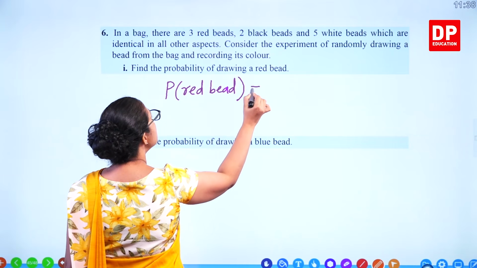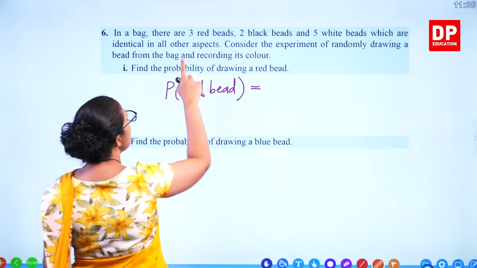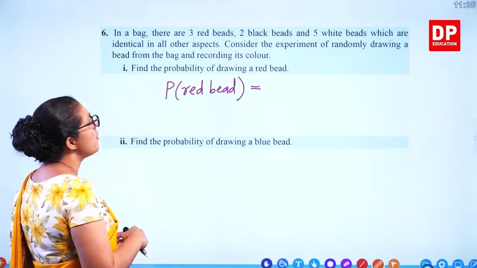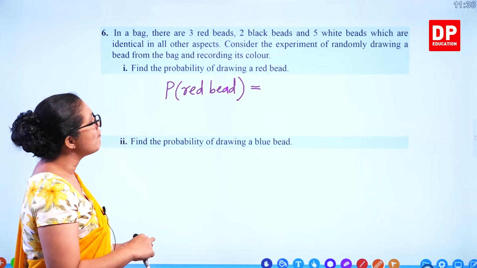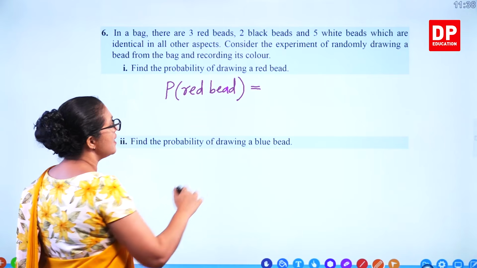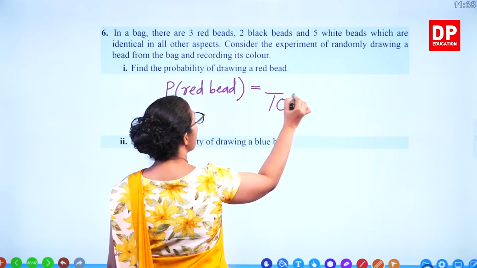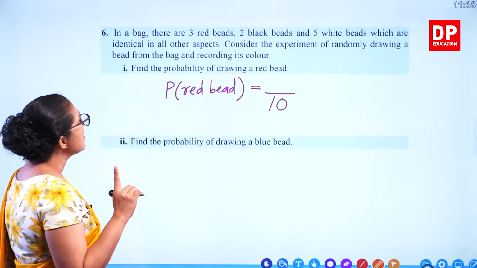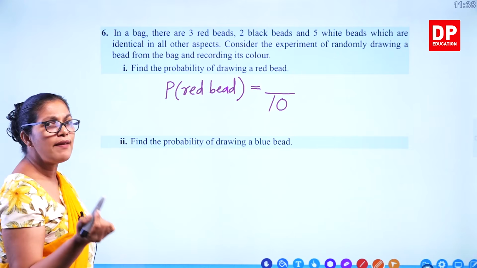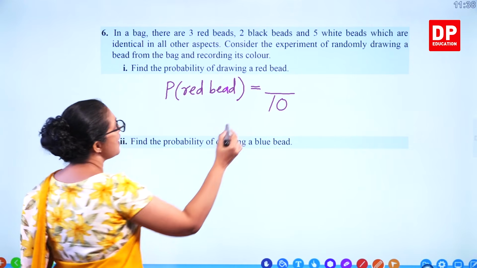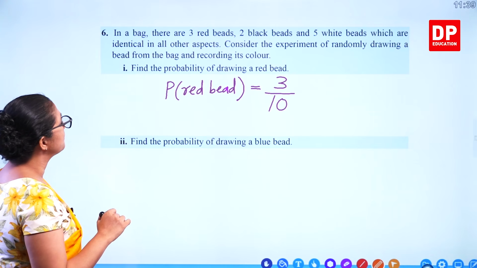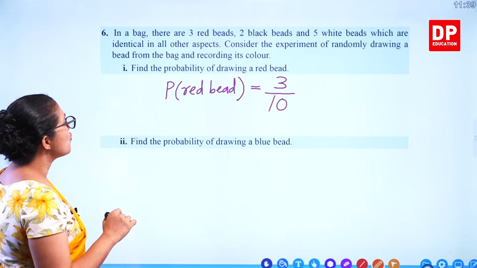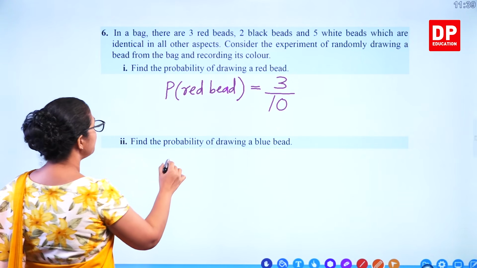What are the possibilities? 3 red, 2 black and 5 white. So altogether 3 plus 2, 5. 5 plus 5, 10. 10 possibilities are there. Taking a red one, there are 3 red ones. 3 possibilities are there. So the probability becomes 3/10.